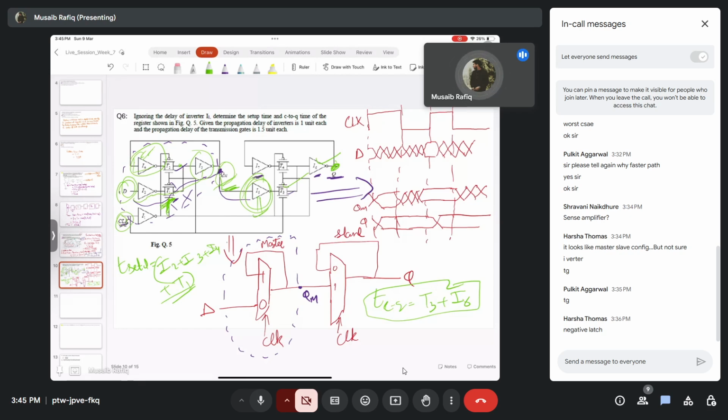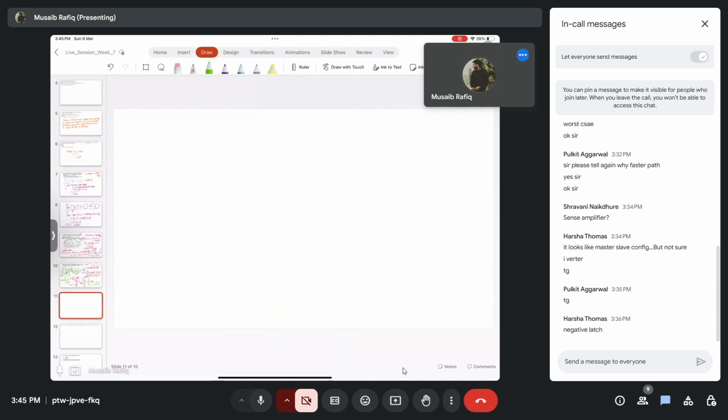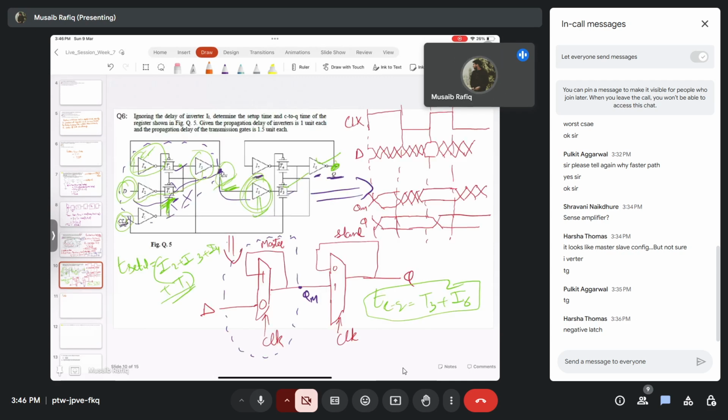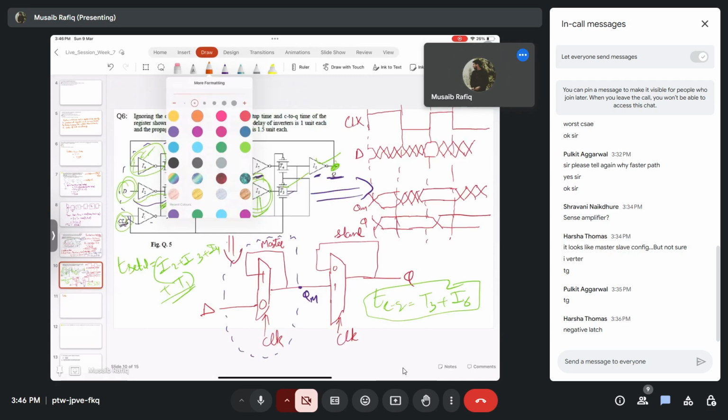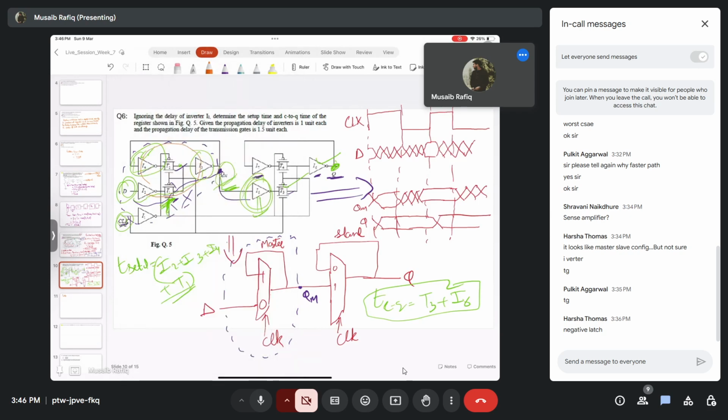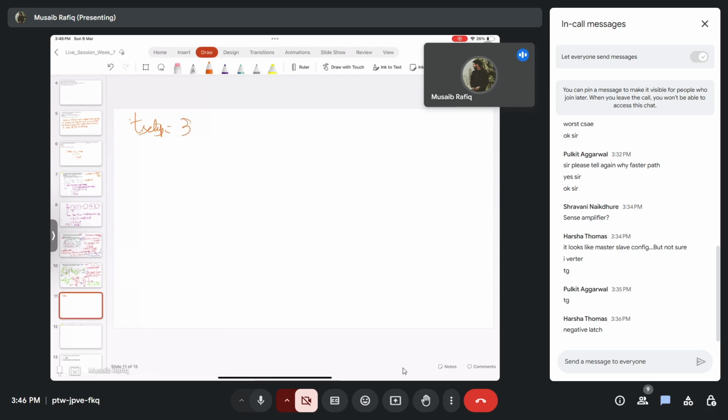Now, since we have an idea about this, the only thing left is to plug in the values. So far, for master slave edge triggered registers, setup time is given by this expression. It is basically 3 times TPD of inverter plus TPD of transmission gate.